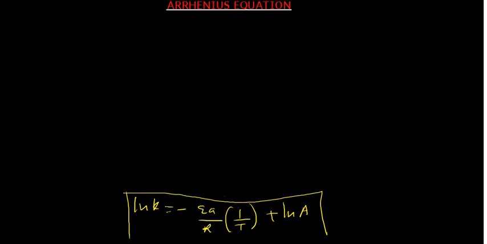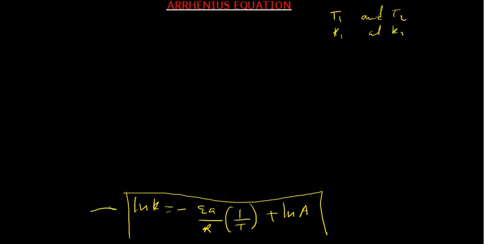And so at this point, let's say we are talking of two temperatures, temperature 1 and temperature 2. So we are also going to have k1 and k2, since we have got two different temperatures.